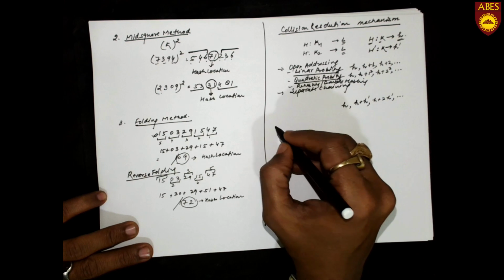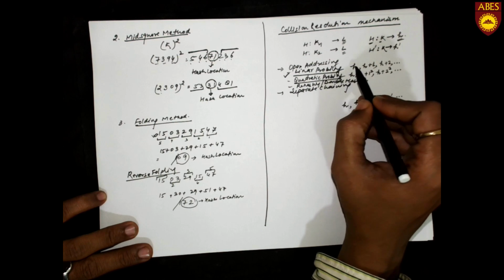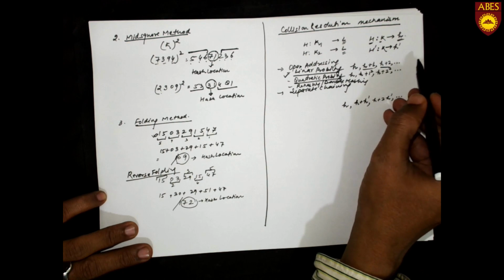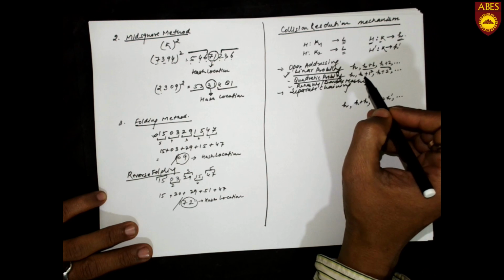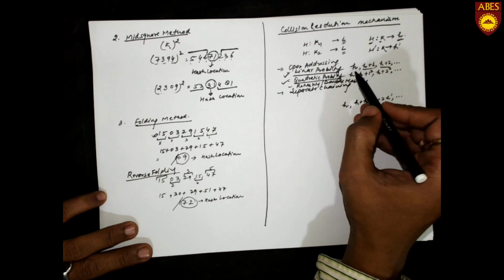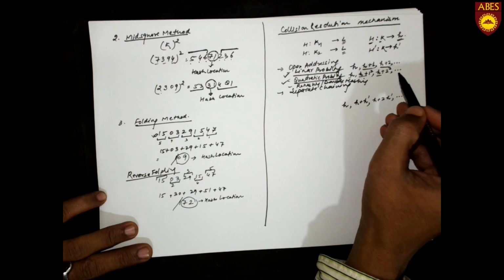So we have three methods in the open addressing scheme. One is linear probing, in which I was searching for the location H plus 1 and H plus 2 and so on if location H was busy. Then in quadratic probing, since location H was busy, I went for the H plus 1 square location, then H plus 2 square location, and so on.